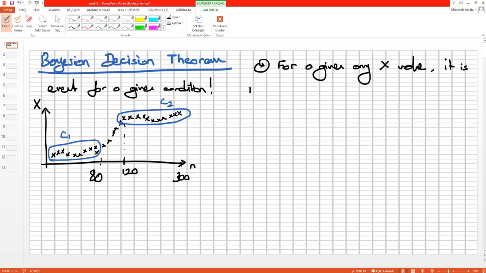Okay, so in order to create the conditions here, like this one, firstly we should say that for any given x value, x may be a measurement of a sensor or the actuator or any variable which is used in engineering applications, and then we can say that it is the presence or the existence of the data, which means that if we have any measurement here, then we can say that this data exists in the given space.